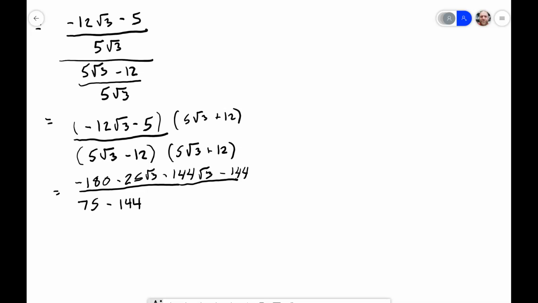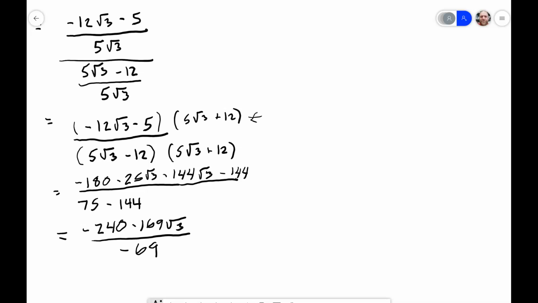Cleaning this up, I'm going to get negative 240 minus 169 times the square root of 3 all over negative 69.